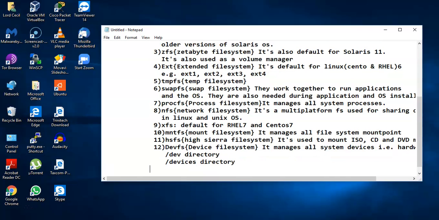Let me write that down: /etc/path_to_inst. This file contains the instance names of the system devices.